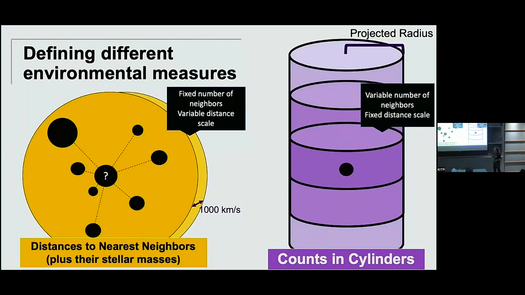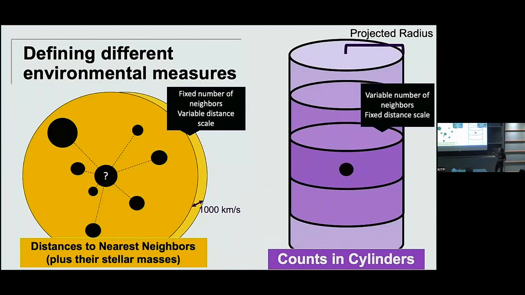One of them is with a fixed number of neighbors, so this would be over a variable distance scale. I can take a target galaxy and take a redshift slice around it and ask, what is the distance to the nth nearest neighbor? And I can even make a list of those, from first to fifth to 10th. So that's one way I could describe the environment.